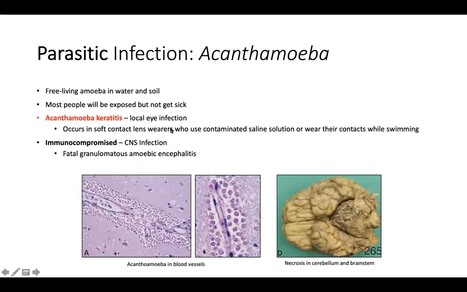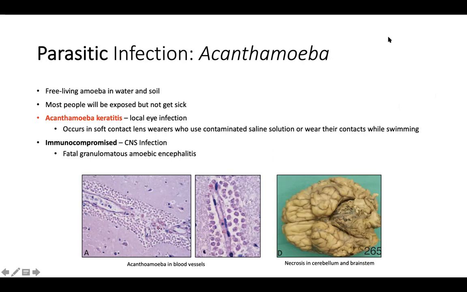Acanthamoeba are going to be free-living amoeba in the water and soil. So most people get exposed but not sick. Acanthamoeba keratitis is going to be a local eye infection with soft contact lens wearers who use the same solution over and over again, or wear their contacts while swimming.